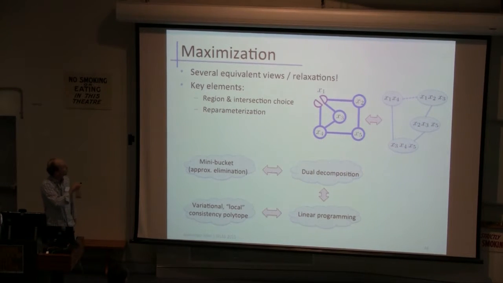So the two key tricks are selecting what our regions and intersections will be, and then using reparameterization to try to expose the optimum of the joint system in terms of only those individual cliques.